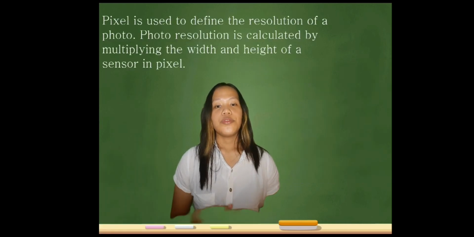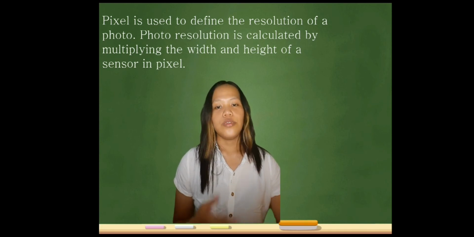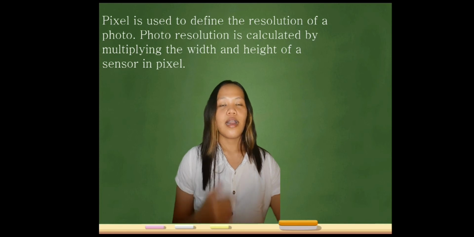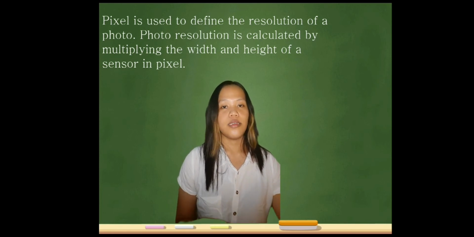Pixel is used to define the resolution of a photo. Photo resolution is calculated by multiplying the width and height of a sensor in pixels.